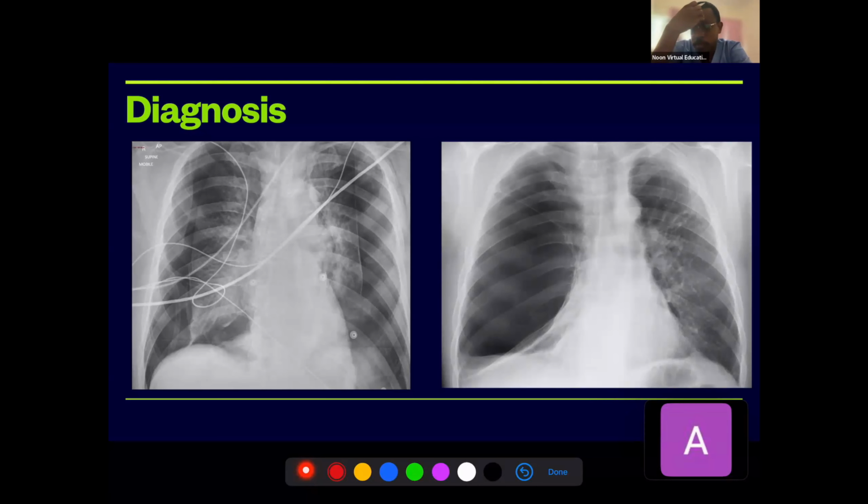But to be more specific, the pleural line you see here is always longitudinal in pneumothorax, and the margin in the bulla always comes concave. This is the typical presentation of a patient with a massive bulla.